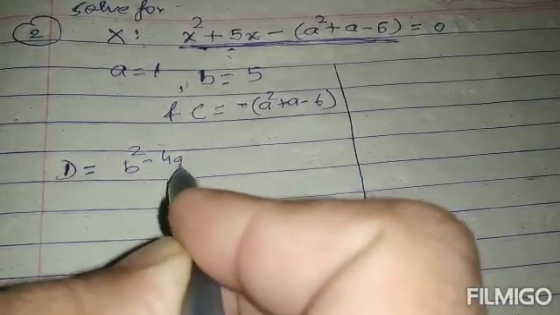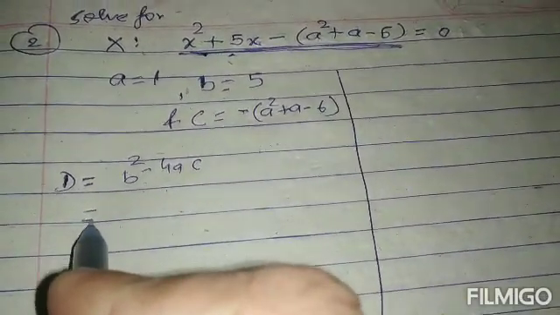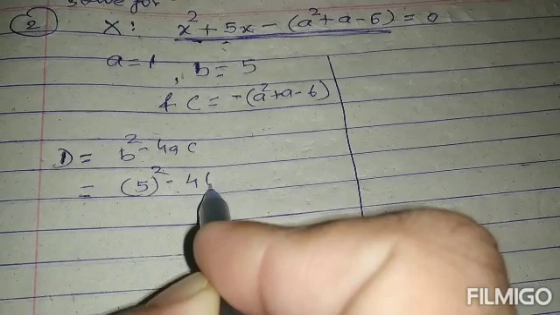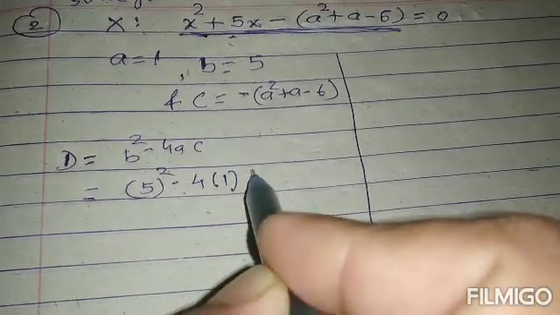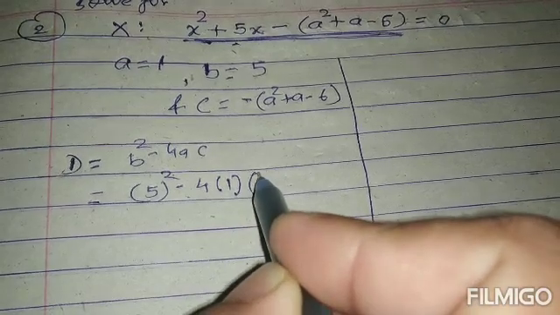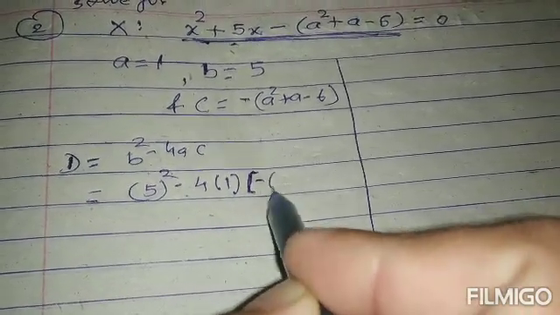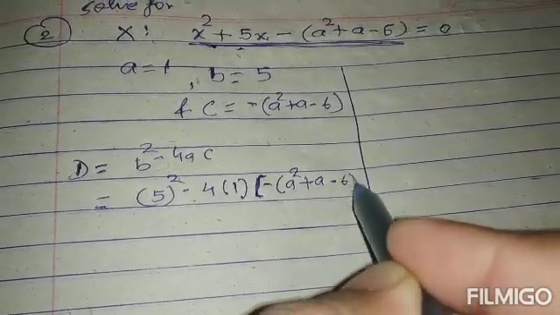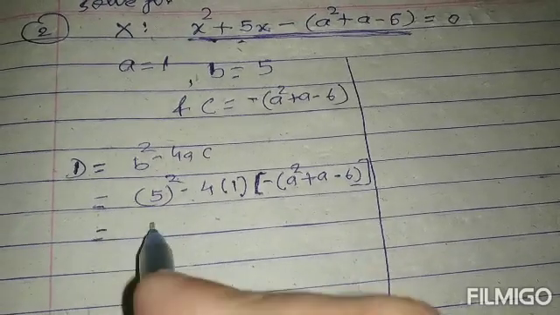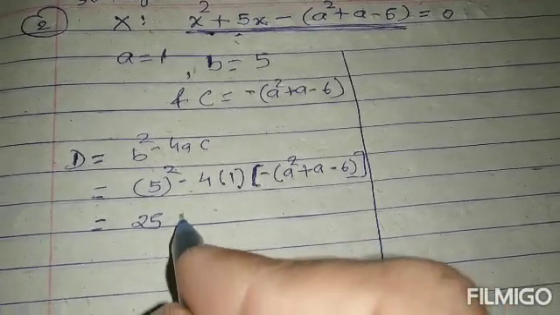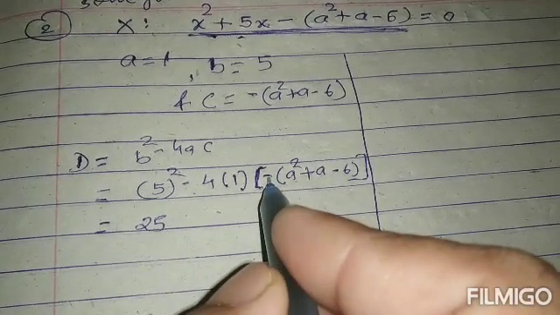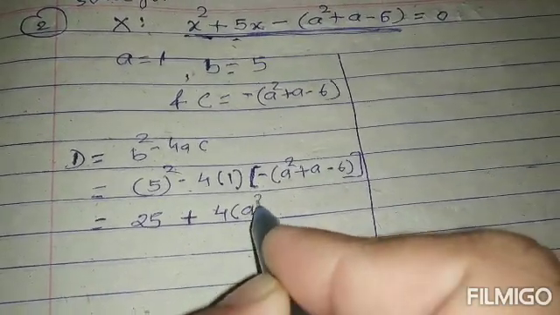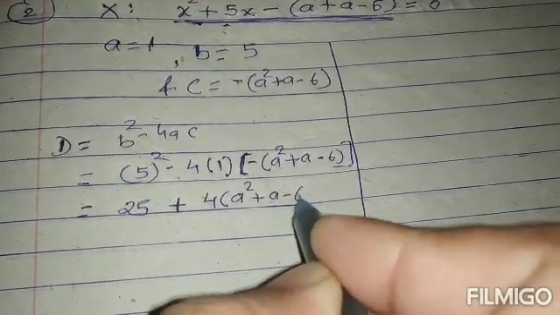b square minus 4ac. That means 5 square minus 4 into a, which is 1 here, and c is minus a square plus a minus 6. 5 fives are 25. If we take this minus outside, it will be plus 4 into a square plus a minus 6.